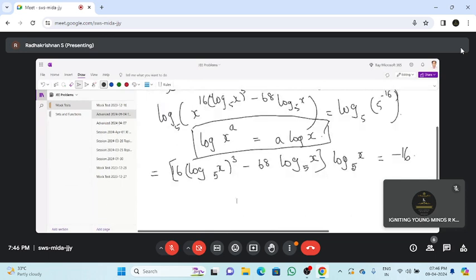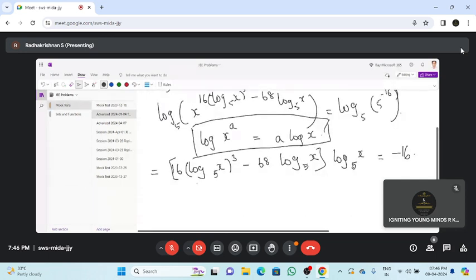Okay. So now you see this is looking like a polynomial in log x to the base 5. So what should we do as the next step? Substitute. If it looks like this, you can substitute. We should substitute y.